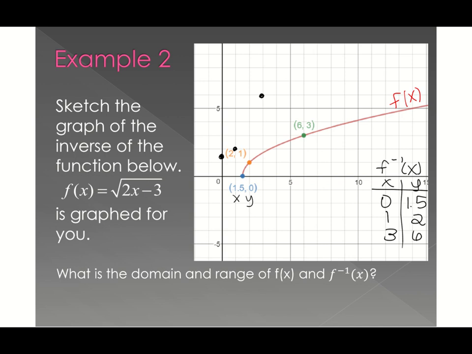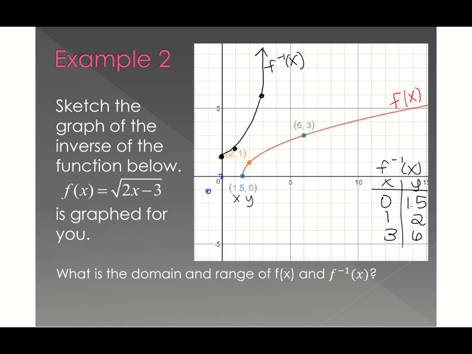So I have the same general shape. And that would be our inverse. So we can see that this is reflected over a line. Before, if we had a negative out in front, we were reflecting over the x-axis. If we had a negative inside, we were reflecting over the y-axis. When we have inverses, we're switching x and y, so we are reflecting over the line y equals x.